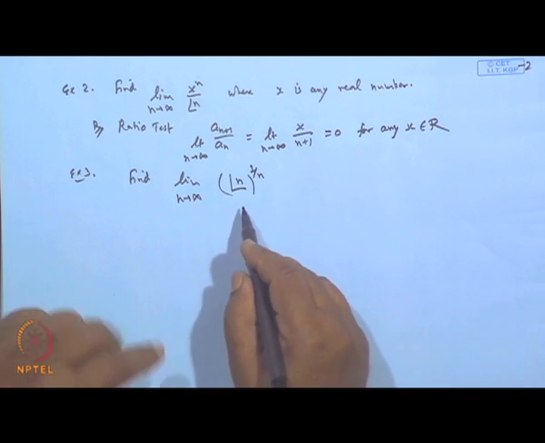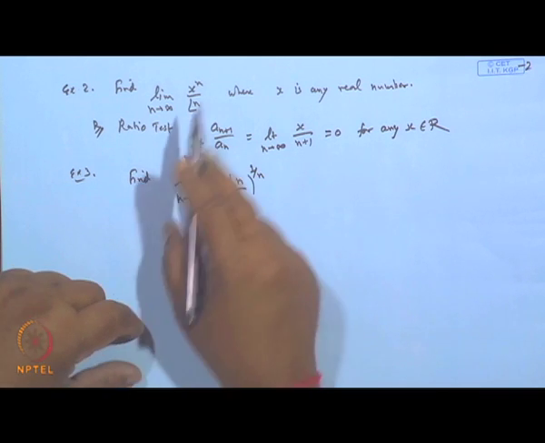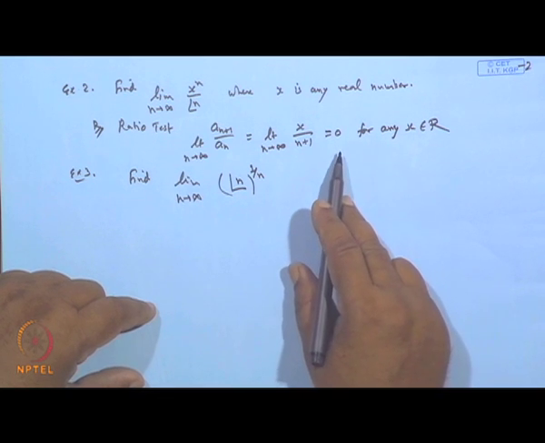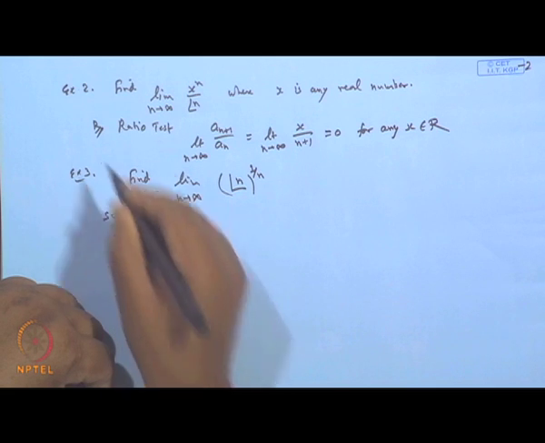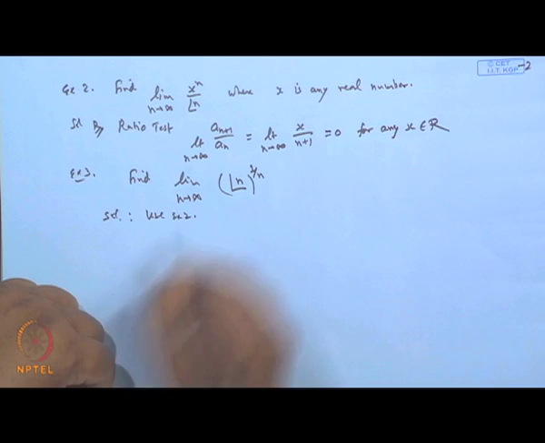Now, to solve this limit, let us use the previous one. We know the limit of x to the power n over factorial n as n tends to infinity is 0. So, use exercise 2.